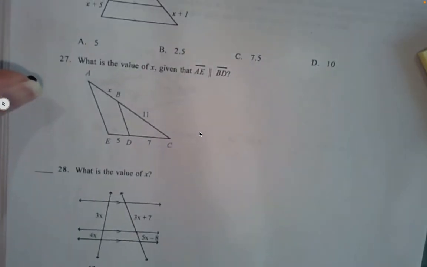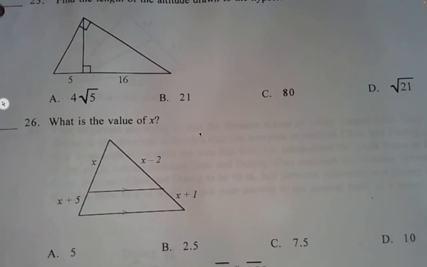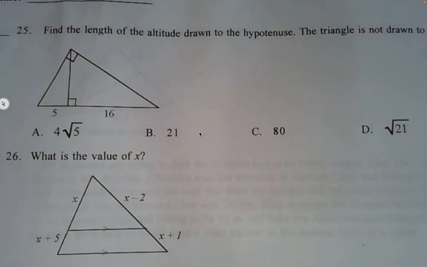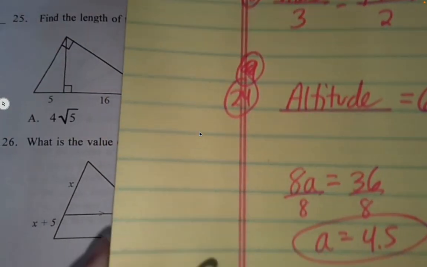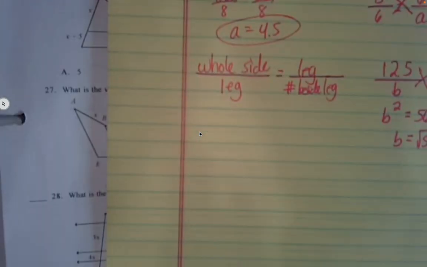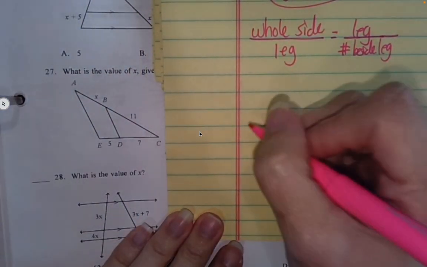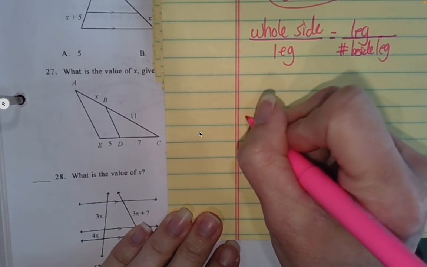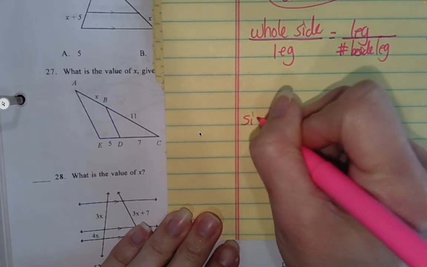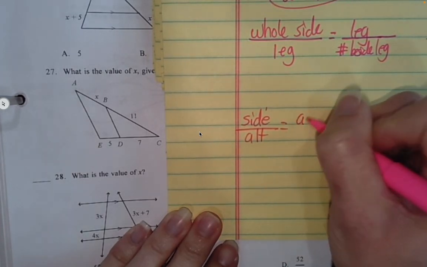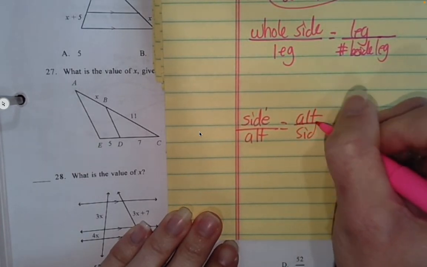This one, let's see, number 25. It says find the length of the altitude. So y'all, I'm going to use this little altitude thing again. Let me zoom out some. I'll write the formula one more time. It was the side over the altitude equals the altitude over the other little side.